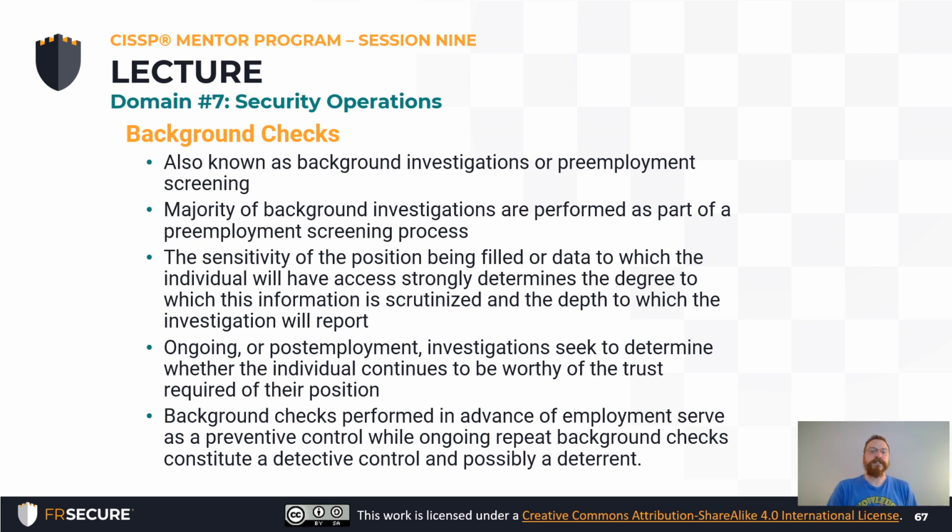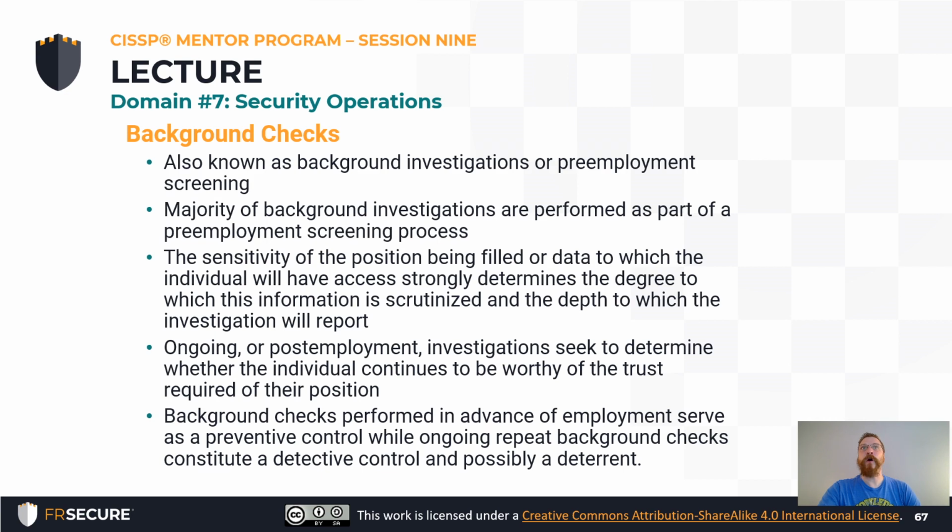All right, background checks. Investigations, pre-employment screening. A lot of times this is done maybe with credit or criminal background checks. The level of the check should be appropriate for the roles and responsibilities and level of access the person will have, or the level of information the person will have access to.